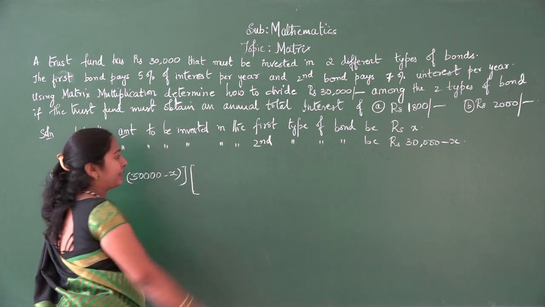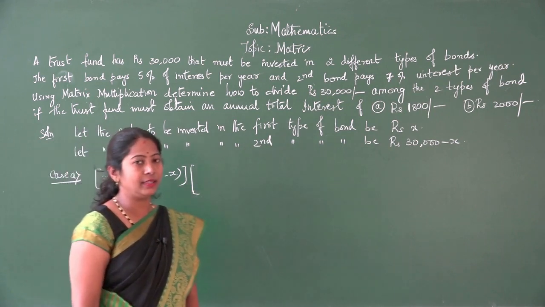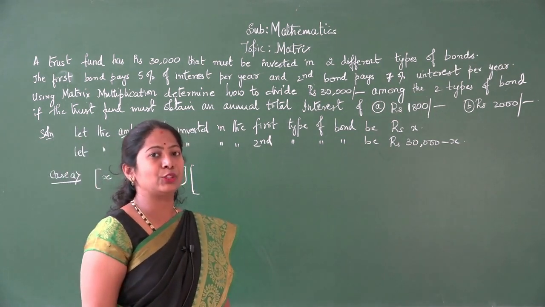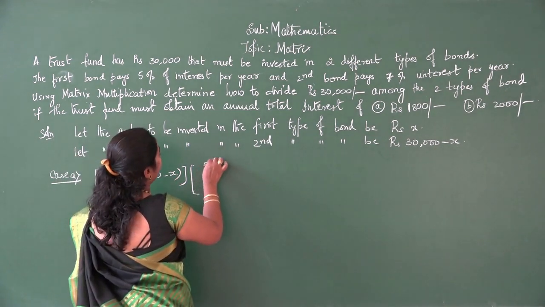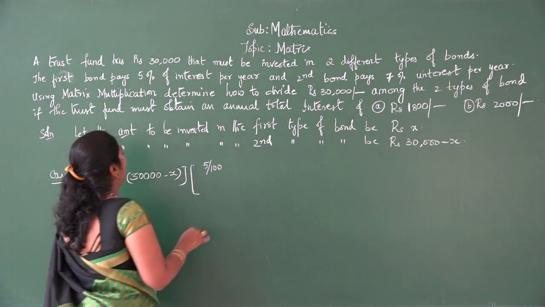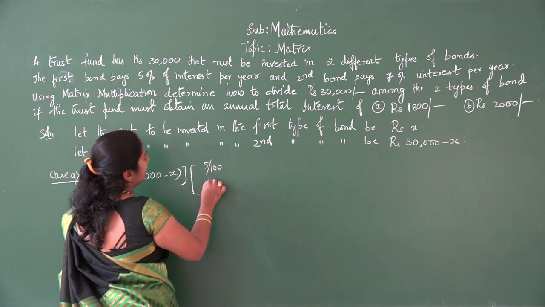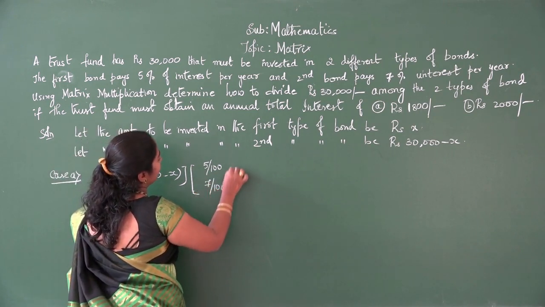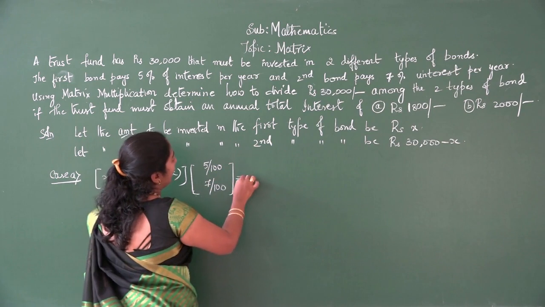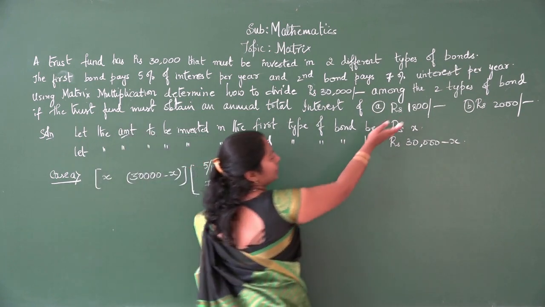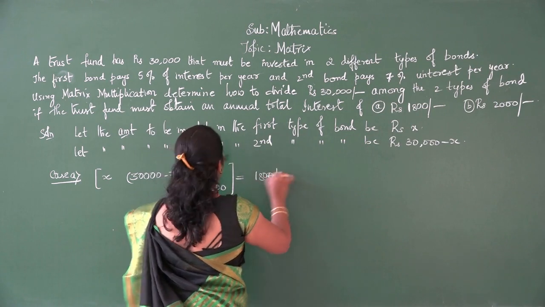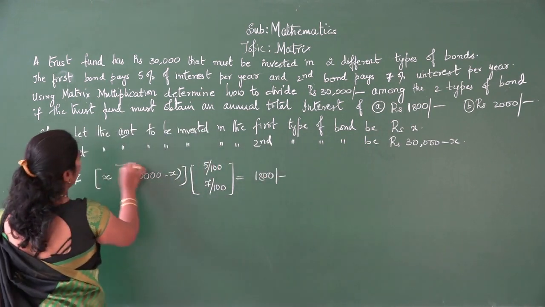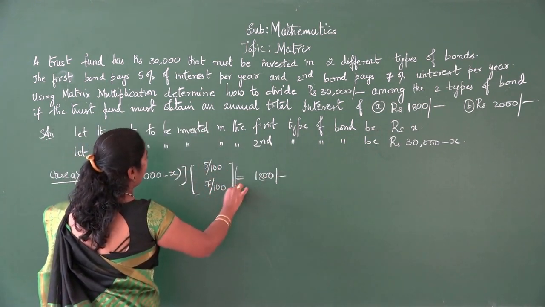The first bond pays an interest of 5%. The second bond pays an interest of 7%. When I say percent, it is divided by 100. And what is the amount specified in the question? It is nothing but rupees 1,800.